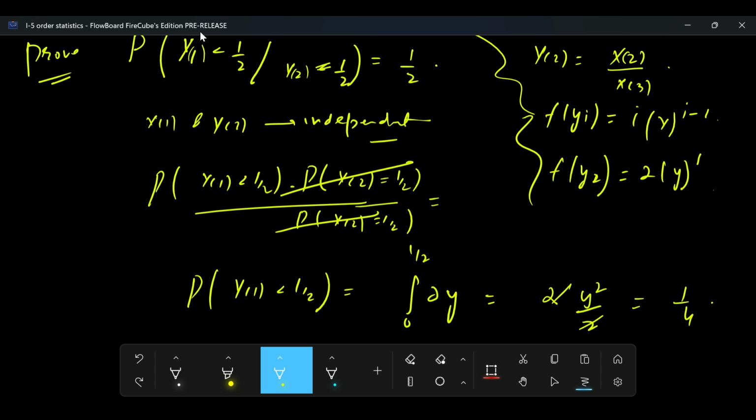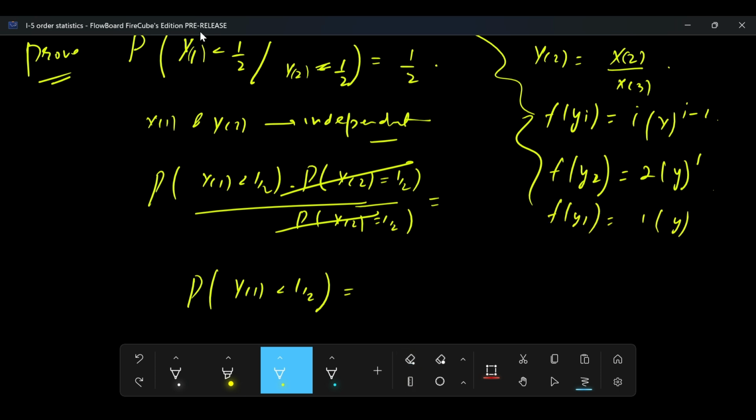But this should be equal to 1 by 2. See, I wrote the PDF of f of y2. I should write the PDF of f of y1. So what's f of y1? That's equal to 1, 1 minus 1, that's 0.